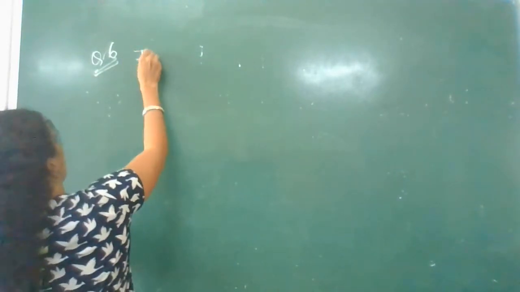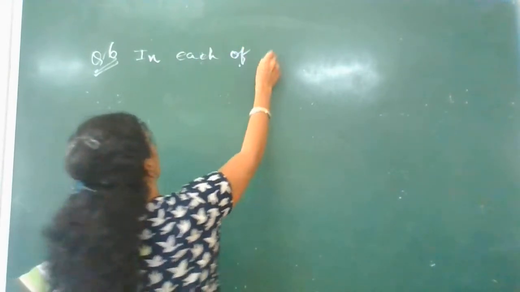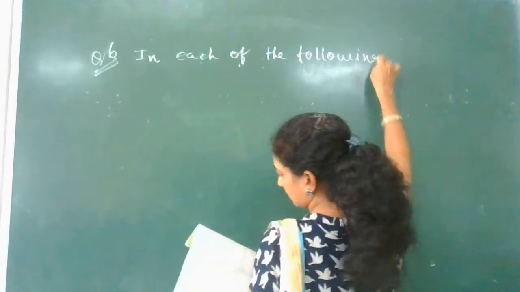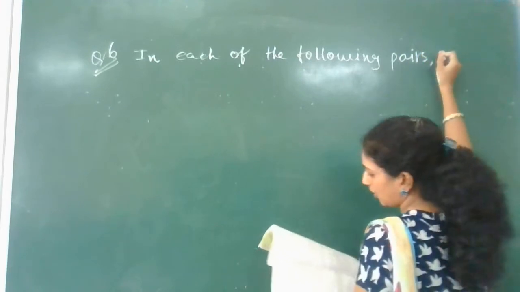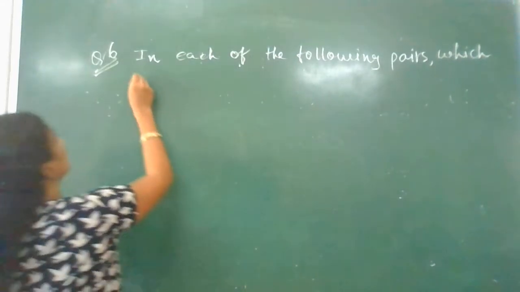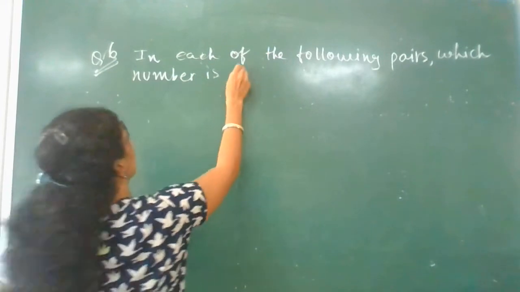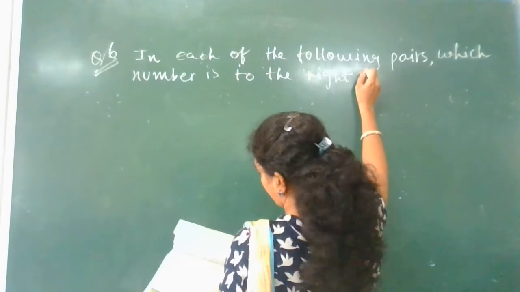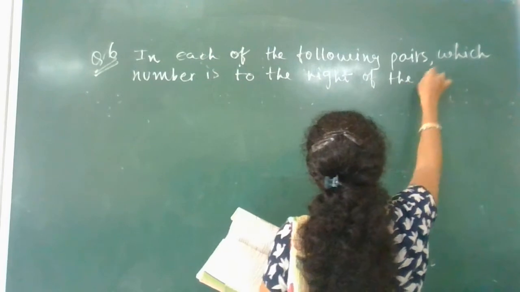Okay. In each of the following pairs, which number is to the right of the other.